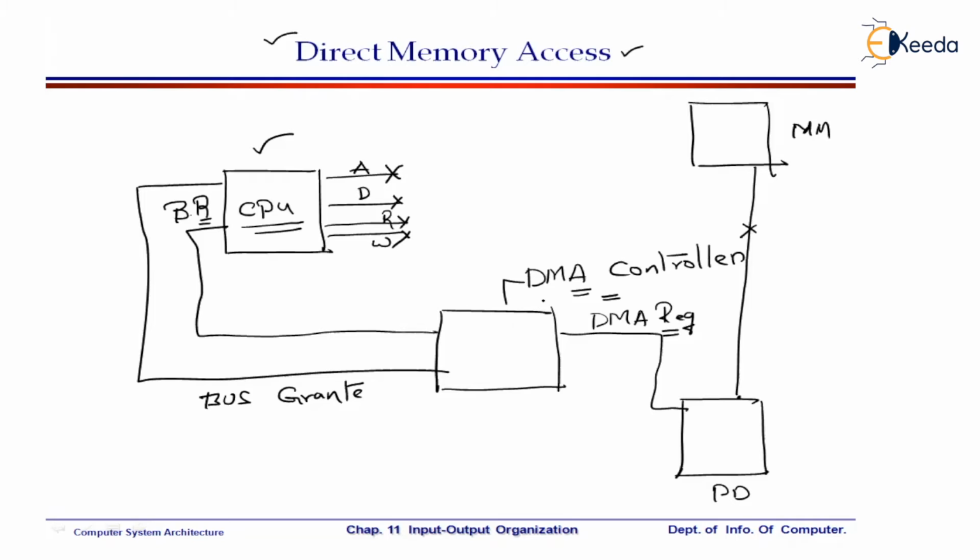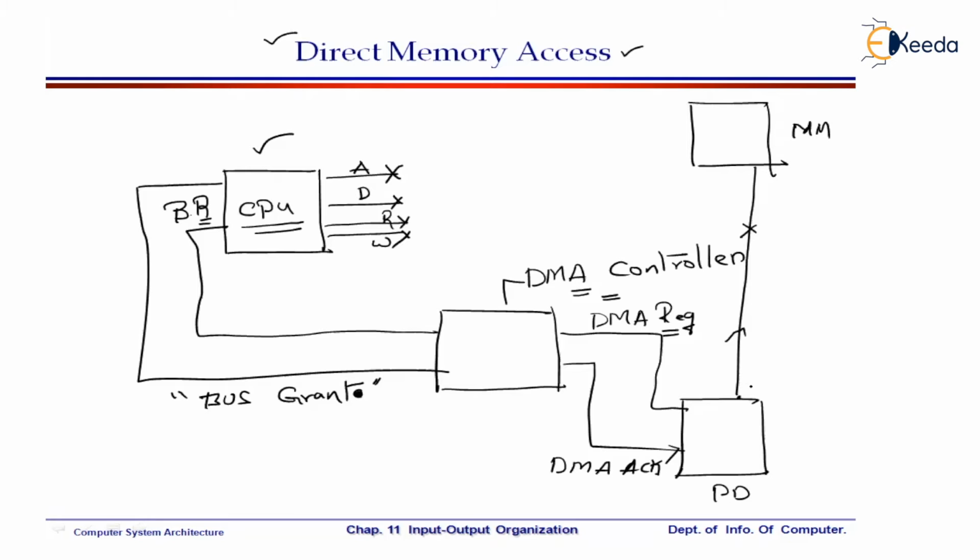The moment the DMA controller gets the reply from the CPU in terms of bus grant, immediately the DMA controller will send something called DMA acknowledge. The moment DMA acknowledge is received, the peripheral device will start the transfer directly to and from the main memory.